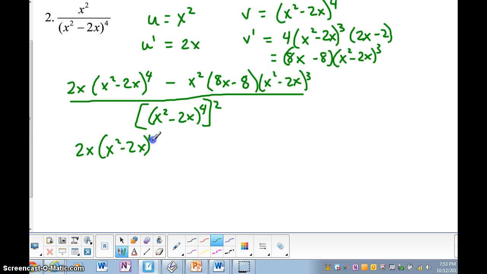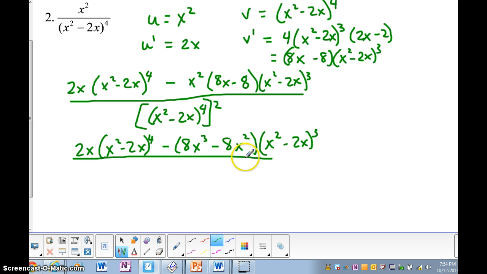Here, we're not going to simplify this part yet. We're just going to be multiplying here through our x squared times our 8x would be 8x cubed, and our x squared times our negative 8 would be negative 8x squared. And then we have an x squared minus 2x to the third, and that will be all over x squared minus 2x to the eighth power.